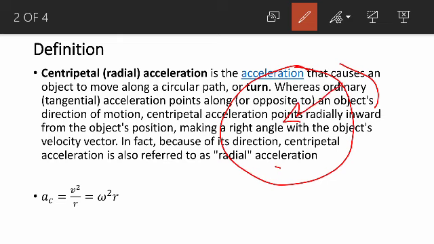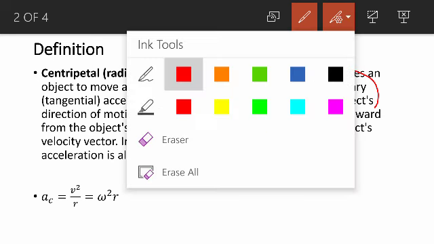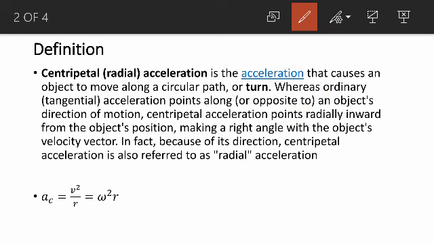But the tangential acceleration acts exactly at the tangent this way, making a right angle with the object's velocity vector. In fact, because of its direction, centripetal acceleration is also referred to as radial acceleration.